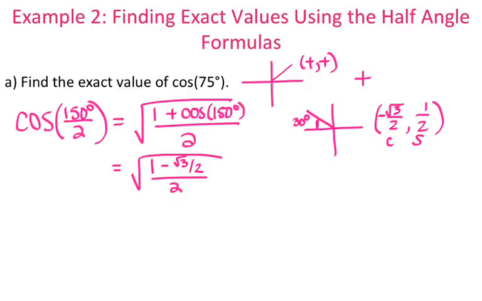Now from here we do need to simplify this expression. I'm going to go ahead and work with the numerator right now. So that's a square root, and then 1, I need a common denominator, so 1 is the same thing as 2 over 2 minus root 3 over 2, and this is all over 2.